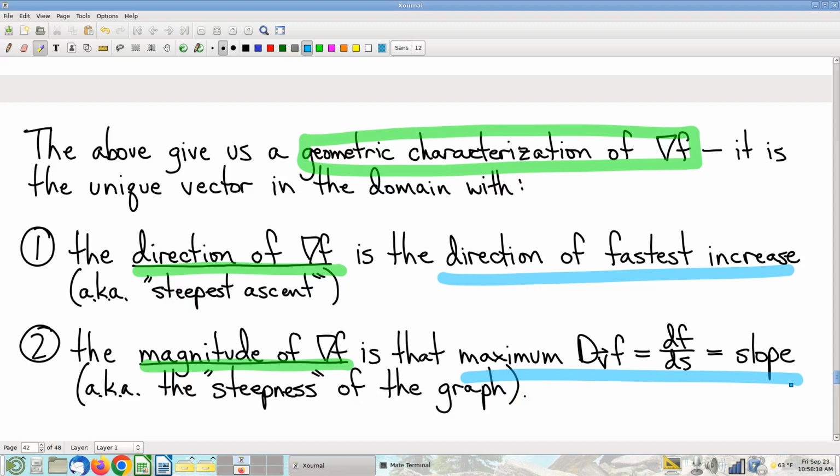It was purely for notational convenience. And what we see now is that it's geometrically natural, right? Its direction and its magnitude, both of its geometric traits, are answers to important questions. And I think that's pretty neato. Unexpected geometry. How about that?